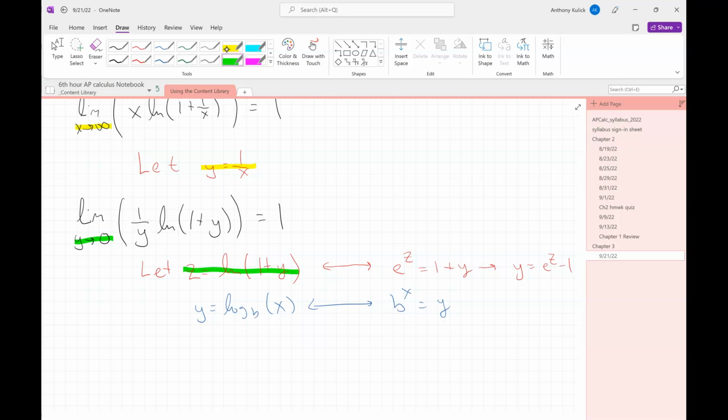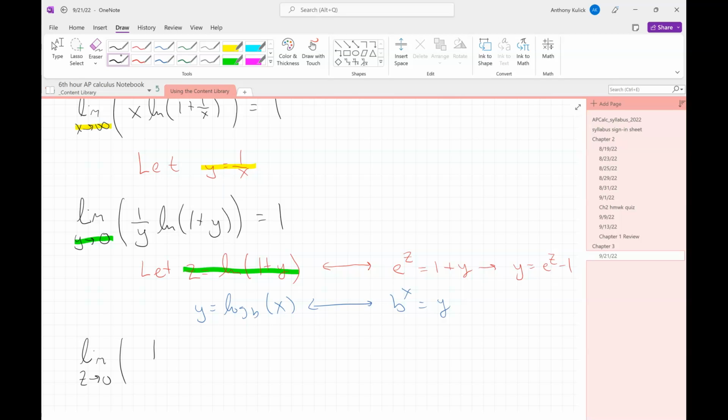Everybody's okay with that? That's a calculator thing. But to think about it, a to what power gives you 1? 0, right? A to the 0 is 1. That's the natural log question. Or e to what power gives you 1? All right. So, yes, exactly.